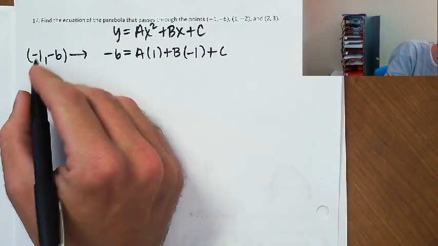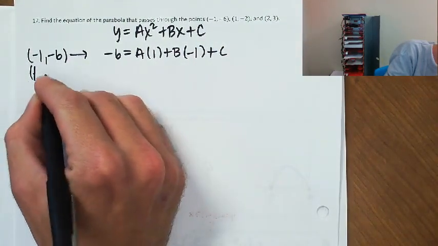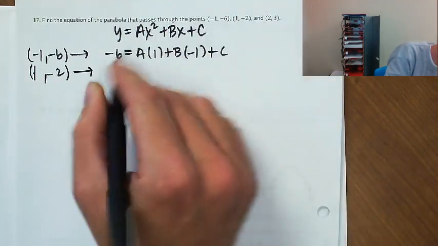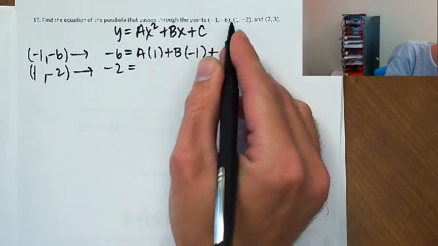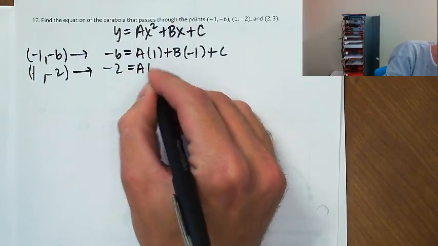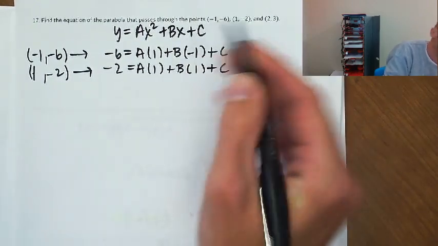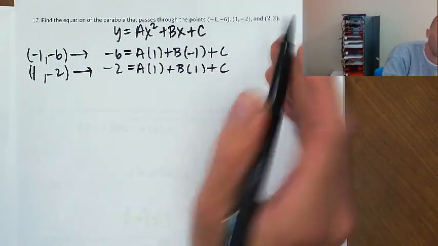And then from the point 1, -2, I'm going to have -2 is y, x is 1, so 1 squared is still 1, x is 1, plus c. And then when x is 2, y is 3.